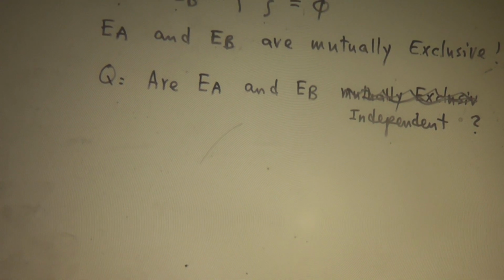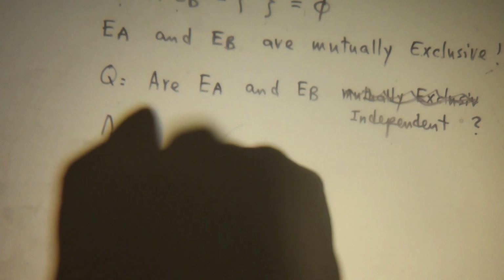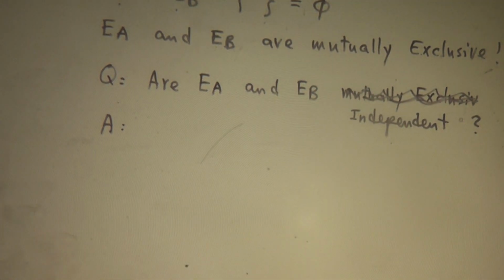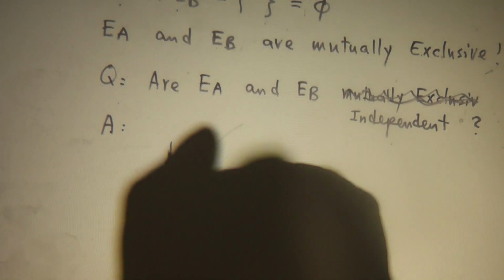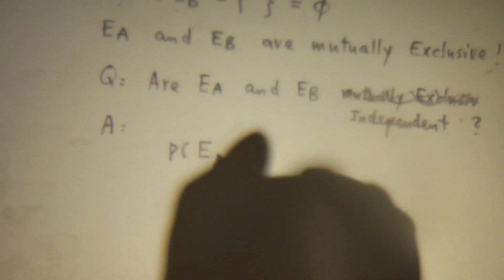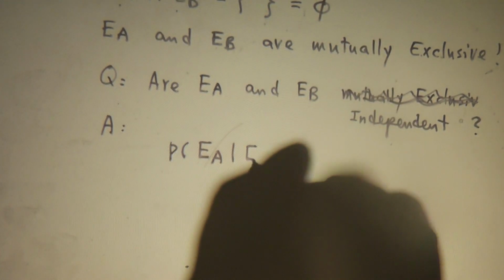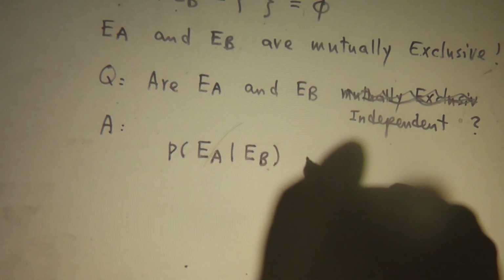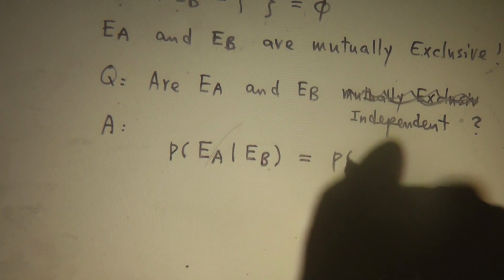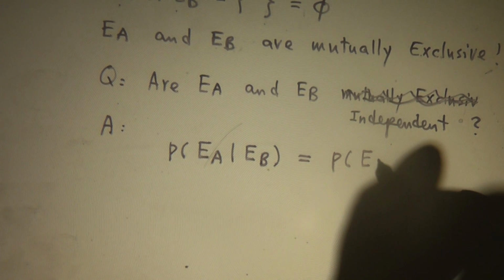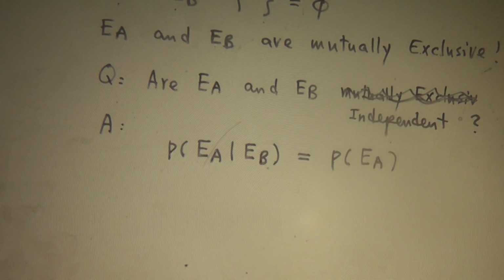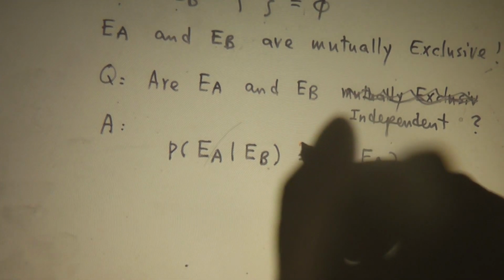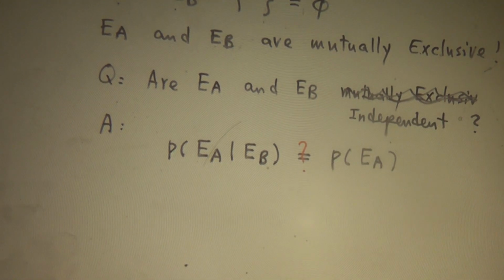So let's see. To answer this question, let's check with the definition. The conditional probability of E_A against the unconditional probability of E_A. We want to know whether they are equal or not equal. I put a question mark here.